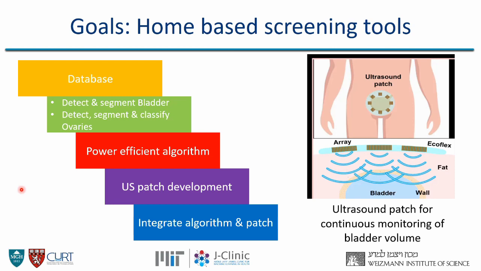Development of an ultrasound patch which can either screen ovarian cancer or monitor bladder volume. And finally, the integration of power efficient algorithm into the ultrasound patch memory. Figure shows an ultrasound patch that can be placed on the body and continuously monitor bladder volume.